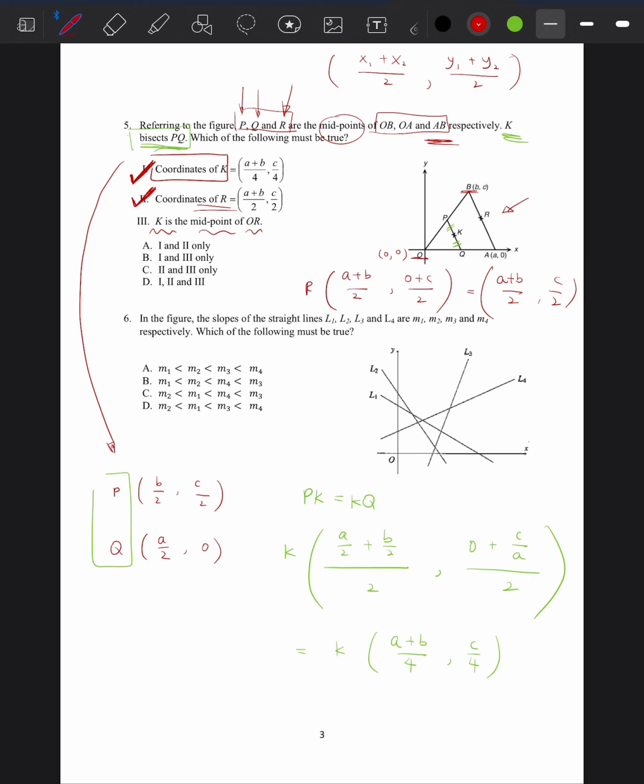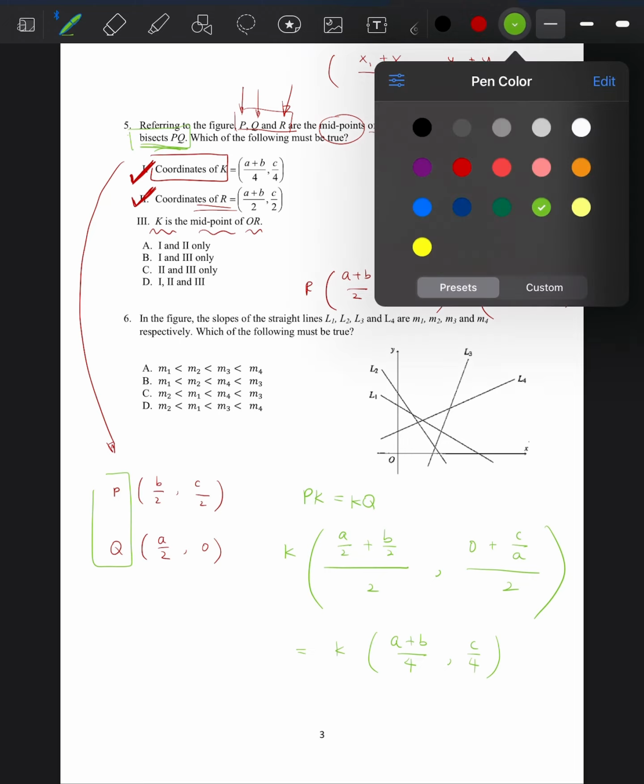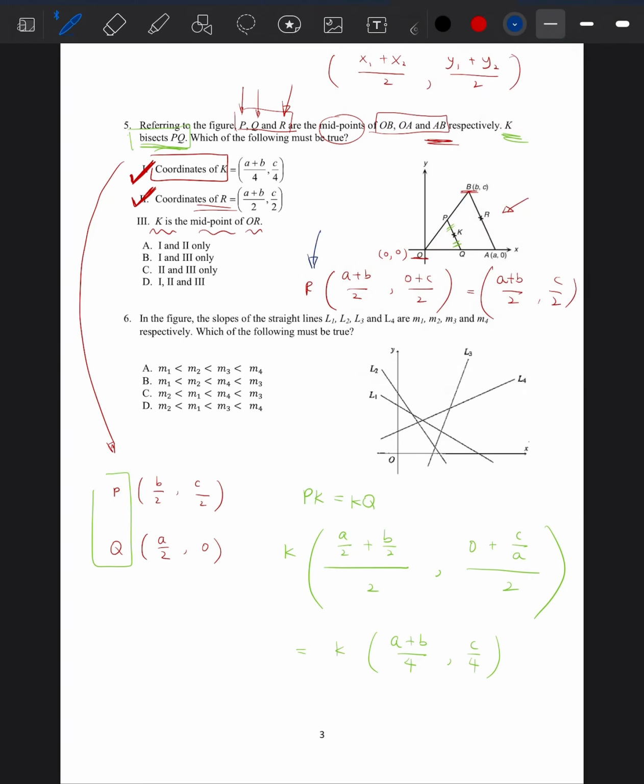So is K the midpoint of OR? You have the coordinates of R and O, so you can have your OR, and it asks you is K the midpoint. It's actually asking that if there's a line here, does K cut it in the middle? So we can just look at the midpoint of OR, because you have the coordinates of O and R already.